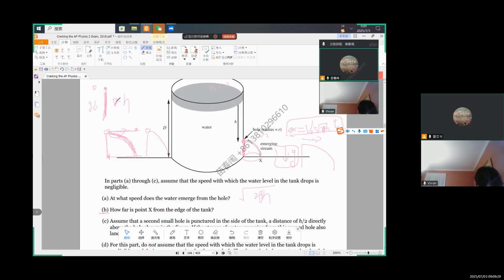This is uniform acceleration, not accumulate, so yes, I can totally use the big five. D minus h is the vertical displacement.